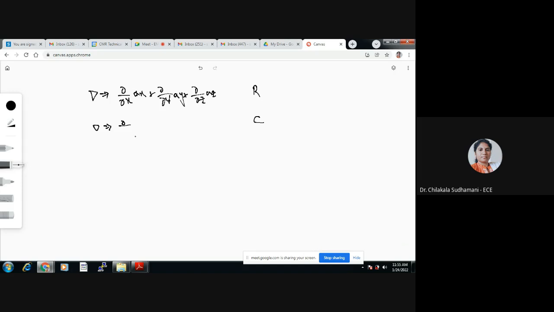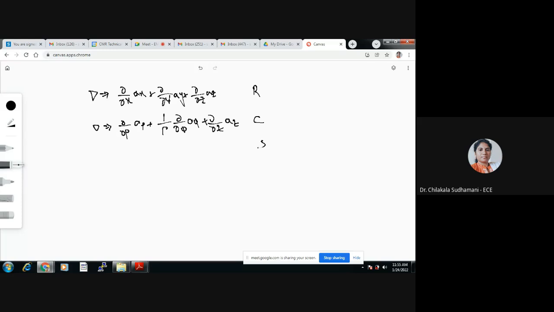What is the del operator in cylindrical coordinate system? dou by dou rho of a rho plus 1 by rho times dou by dou phi of a phi plus dou by dou z times of az.